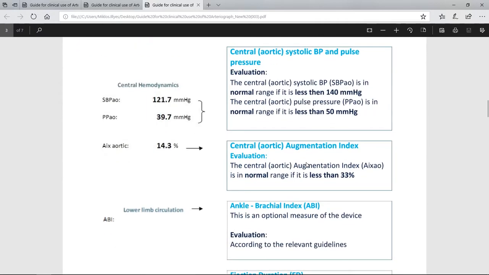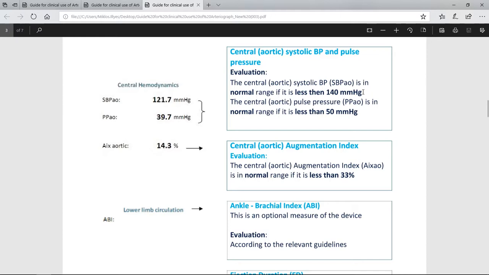The central hemodynamic part of the arterial stiffness measurement of the Arteriograph can be seen here. The central systolic blood pressure evaluation is based on a long-term follow-up trial involving more than 4,000 subjects, and according to the receiver operating curve, 140 mmHg is the highest level of normalcy regarding the central blood pressure measurement.